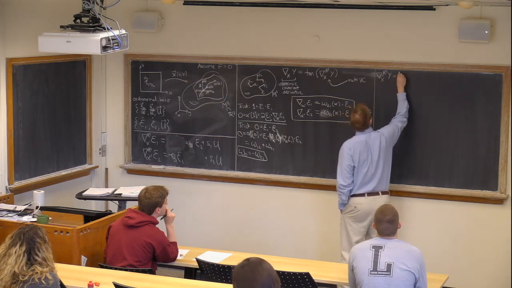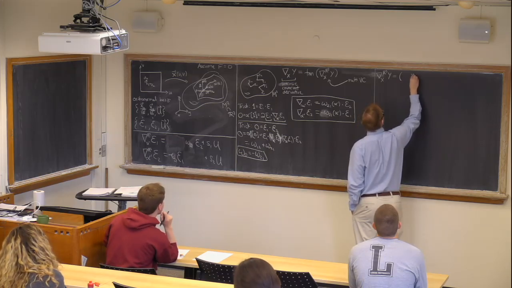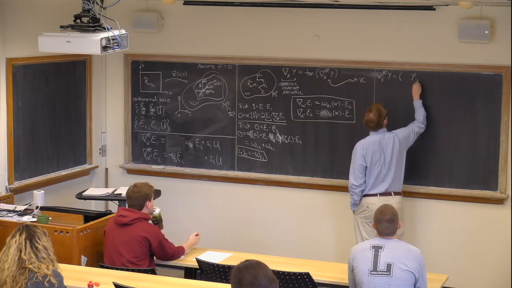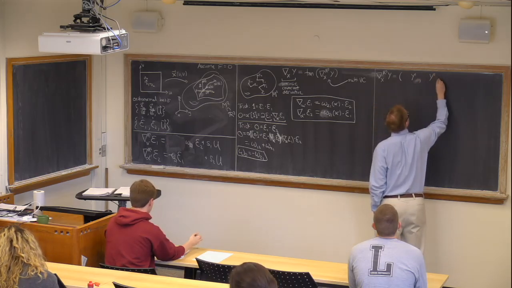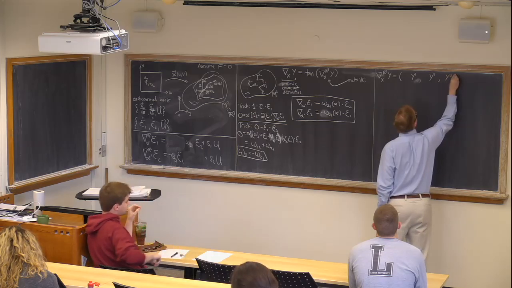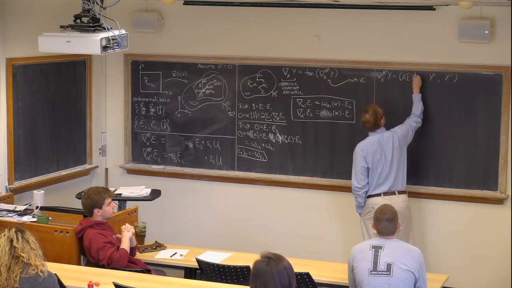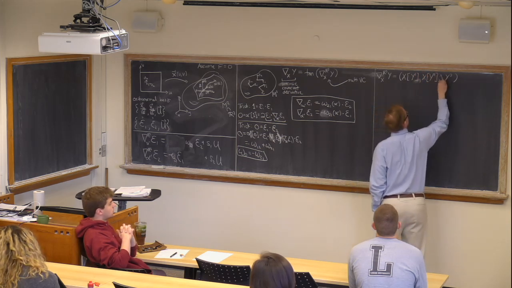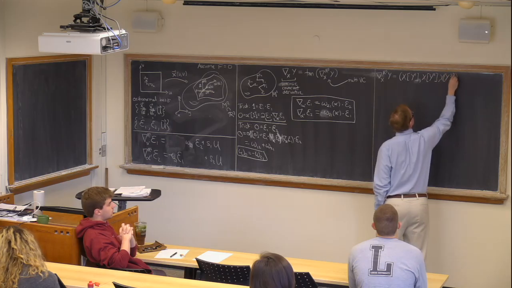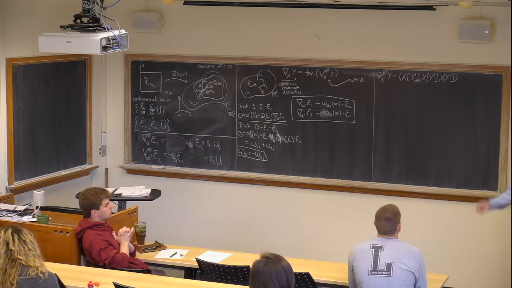Y has components Y1, Y2, Y3. That's what Y is. And then what you do is you take the directional derivative of each of the components using X. This is what we did in class. And by the way, you did that in your multivariable calculus class too. You just didn't call it the covariant derivative.